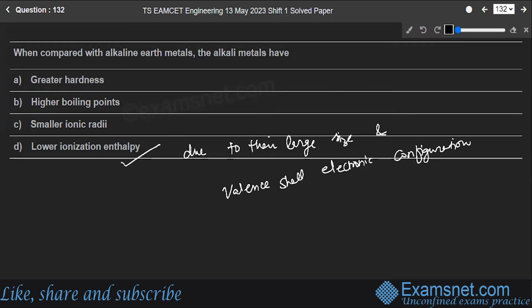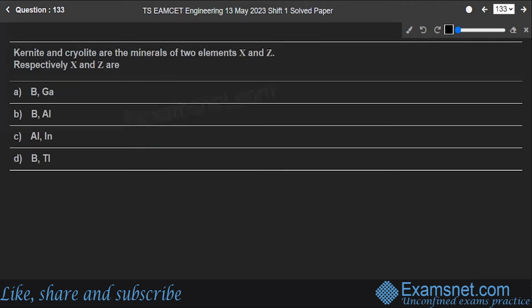Alkali metals easily lose their electron to attain noble gas configuration, which is very stable. So you have the option as the correct answer. Hope you understood this.